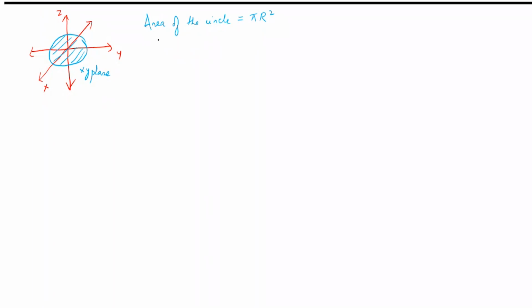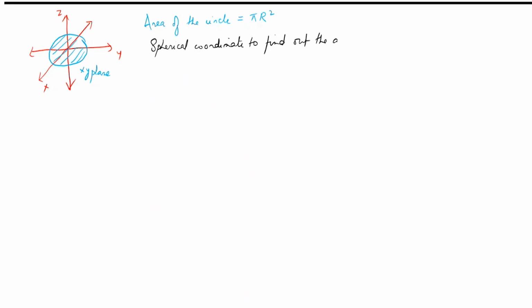So now let us try to apply spherical coordinates to find this. They will not ask you to find the area of a circle, but whatever approach I'm using here will be useful.